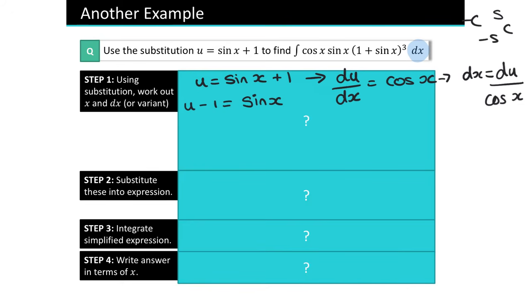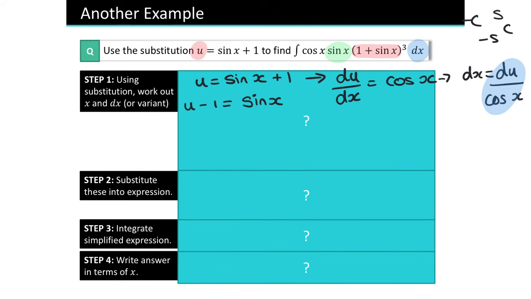Now let's see if we've got everything we might need right now. Okay, here we go. So first of all, before I start doing this, I do a check. Have I got dx? Yes, du over cos x. Okay, check. Have I got 1 plus sine x? What is it? It's u. They gave it to us in the question. Have I got sine x?